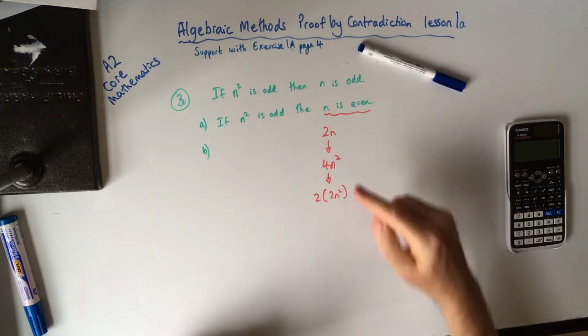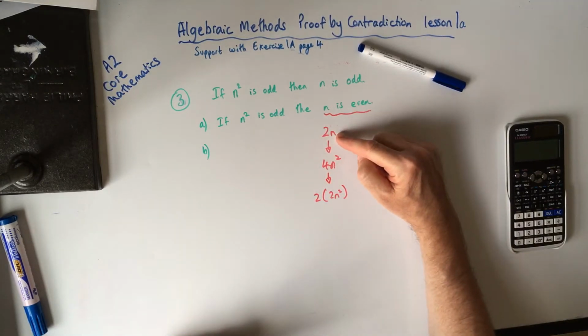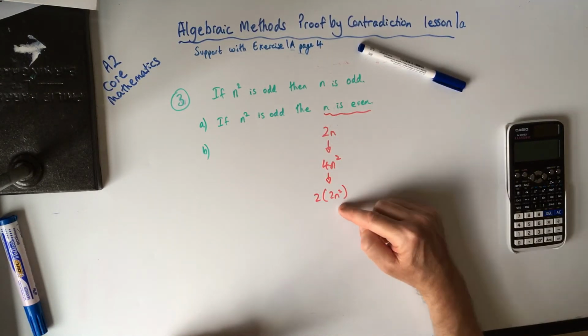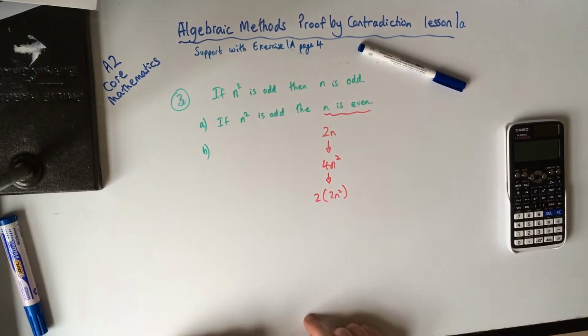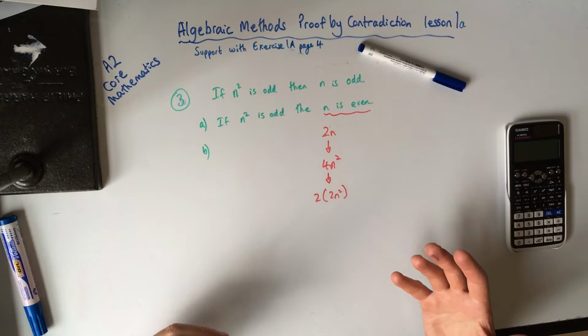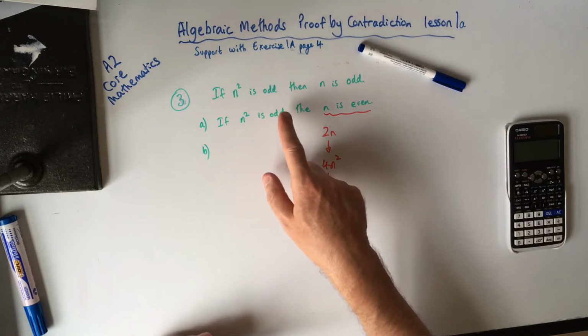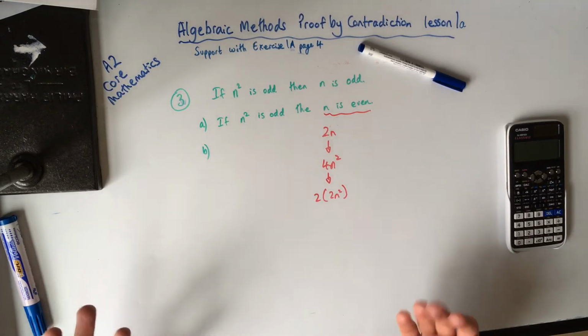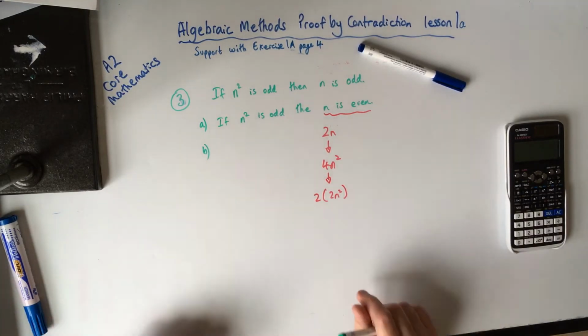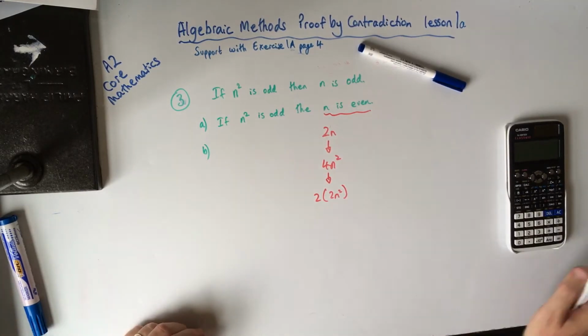So if n is even, then n squared has to be even. So it cannot ever be odd. So we've just proved by contradiction that if n squared is odd, then n is odd, okay, because it can't be even. Okay, we just proved that. Okay, and that's it. That's proof by contradiction. Confusing? Yeah, I think so.